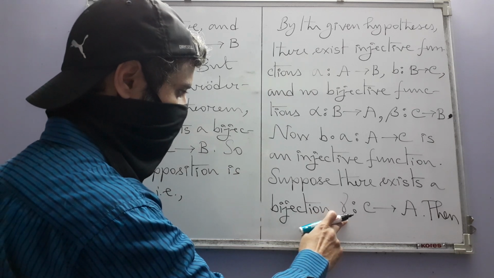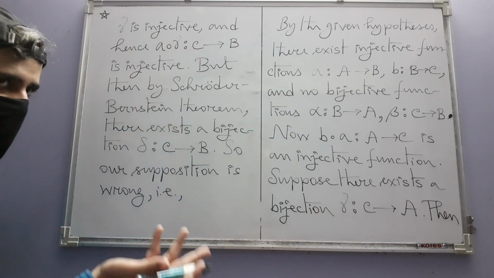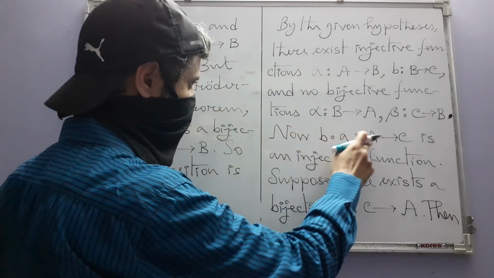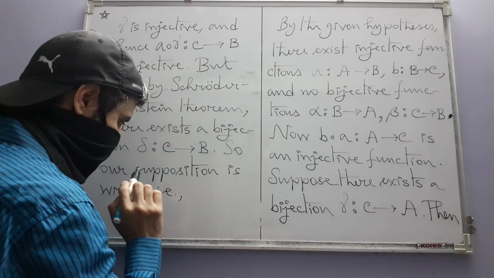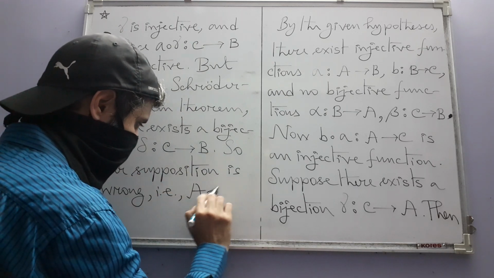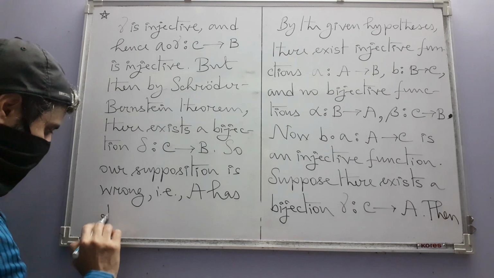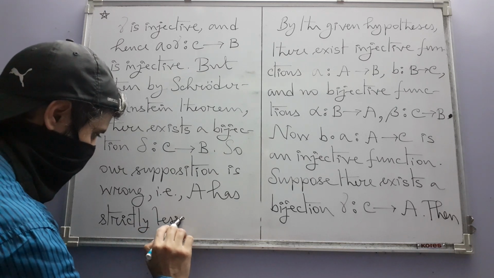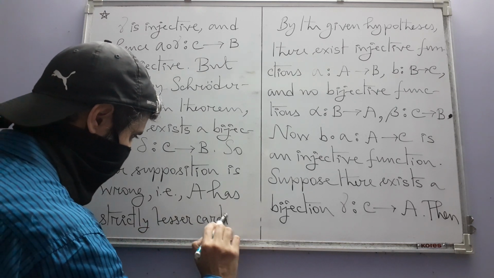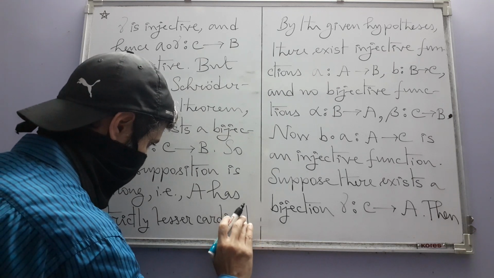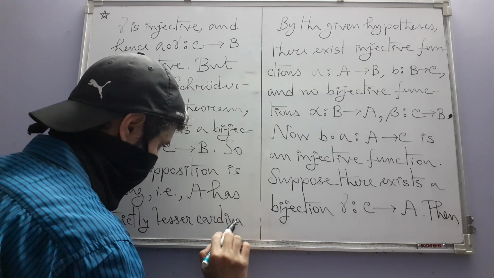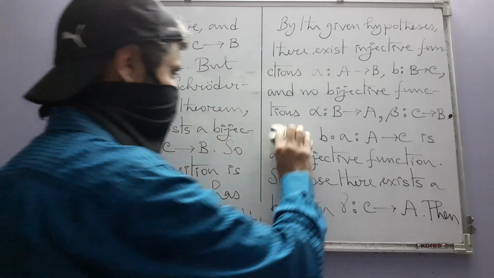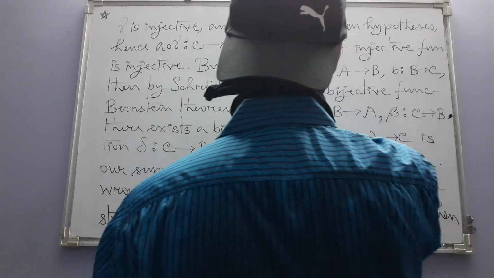That there exists a bijection between C and A, which hence does not exist, and already we have a bijection from A into C, and as a result A has strictly lesser cardinality than C. That's what we wanted to show.